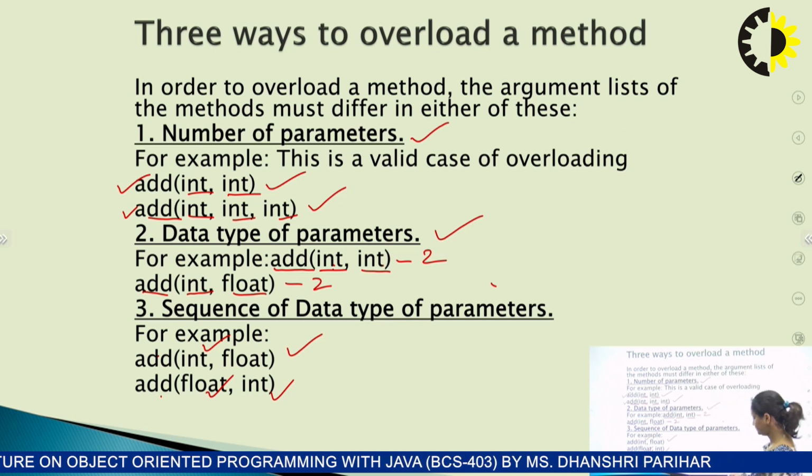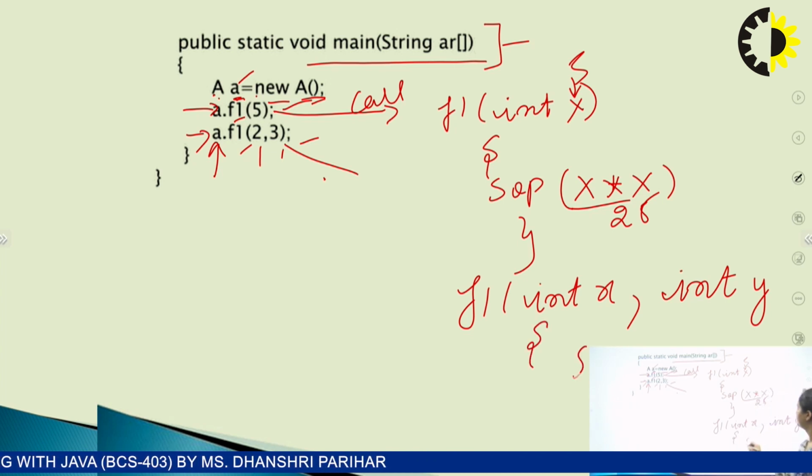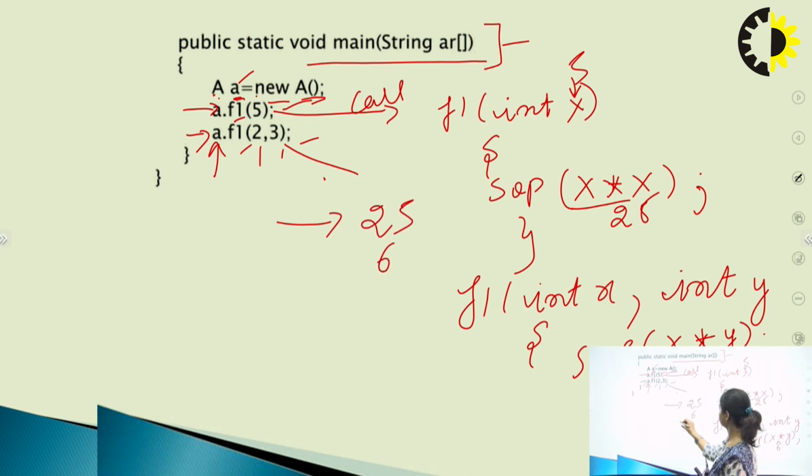So the second function will be called with these values, and we are multiplying the value of x with y. Here we are passing the value of x as 2 and y as 3. So 2 into 3, we get 6 as the answer. So we will get two outputs: the first one is 25 and the second one is 6 as the answer to this particular program.